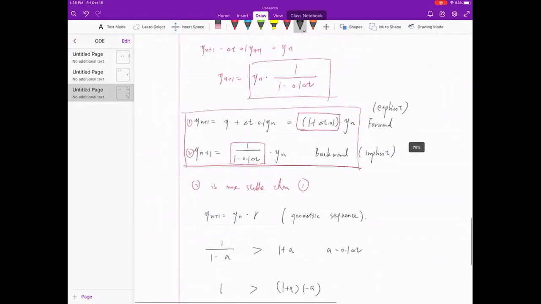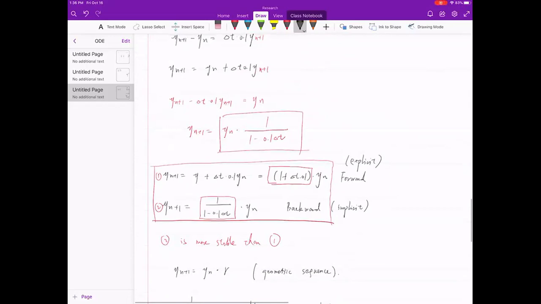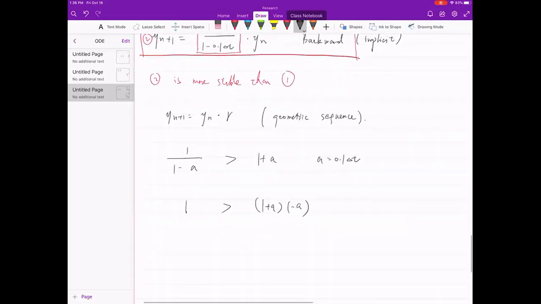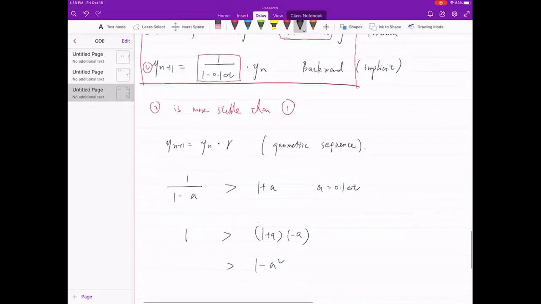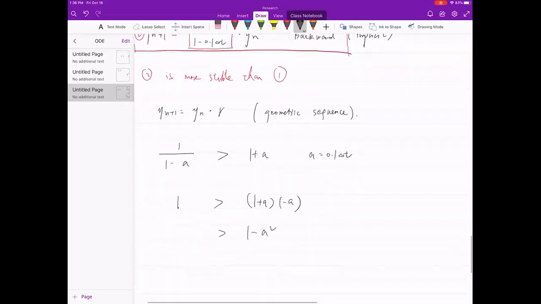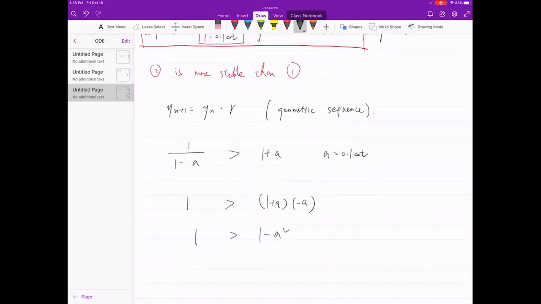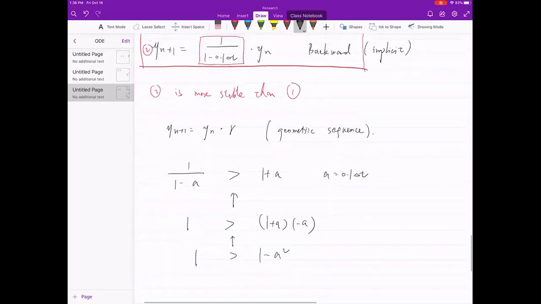Am I doing the right thing? 1 minus this, yeah. That's why I want this. So in this way, I cannot say it's better. So there's no shortcut. Okay, this is bigger than that. Therefore, this is bigger than that. So this one has a bigger ratio.